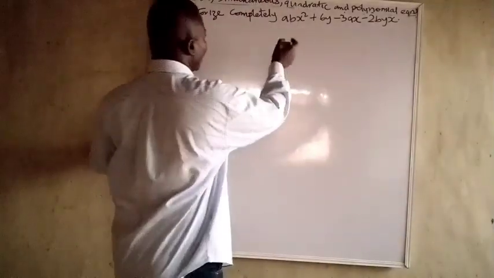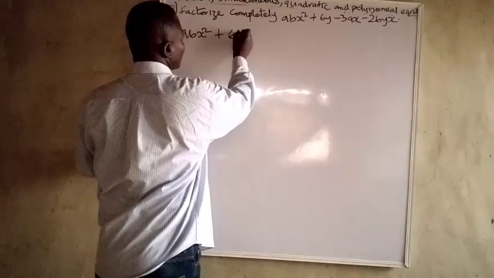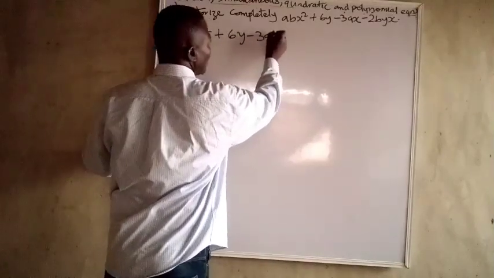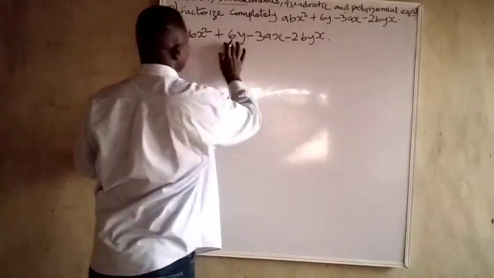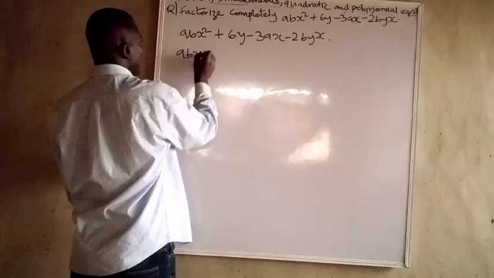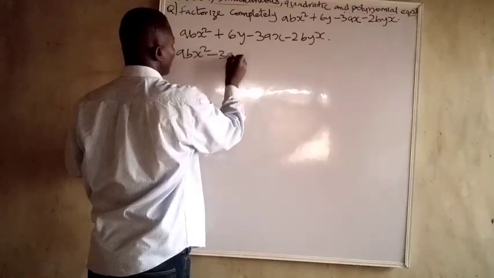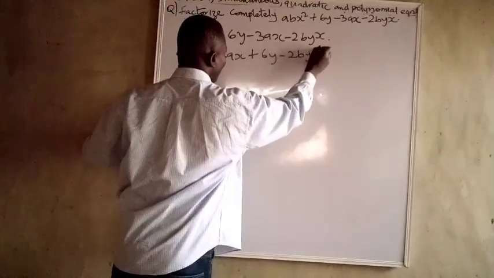Factorize completely: abx squared plus 6y minus 3ax minus 2byx. So we are going to have something like this: abx squared plus 6y minus 3ax minus 2byx. You can see this contains terms in y. So let's rearrange. We are going to have abx squared minus 3ax plus 6y minus 2byx.